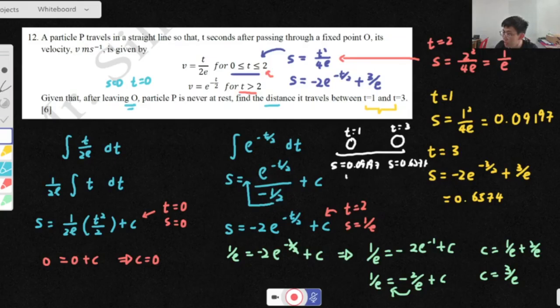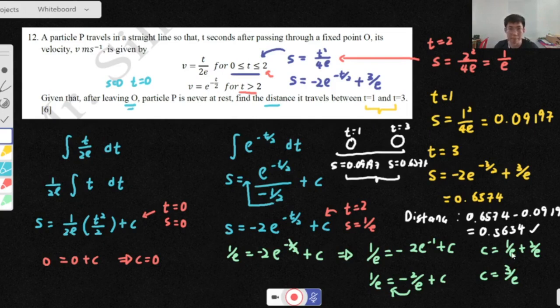So how much does this particle actually move? I have to find out by subtracting them. So 0.6574 minus 0.09197, and eventually I get 0.5654 as the final answer.